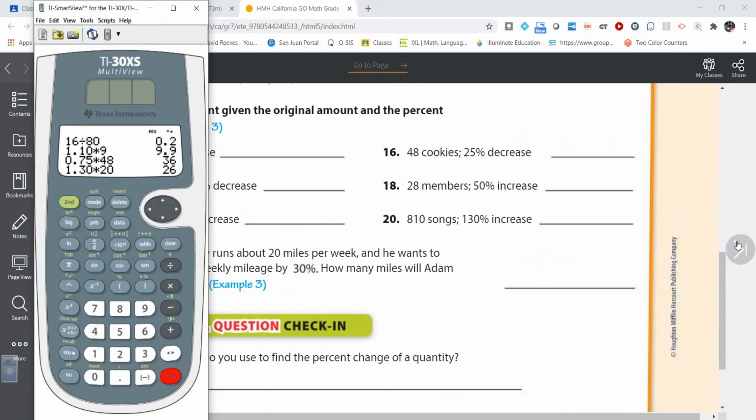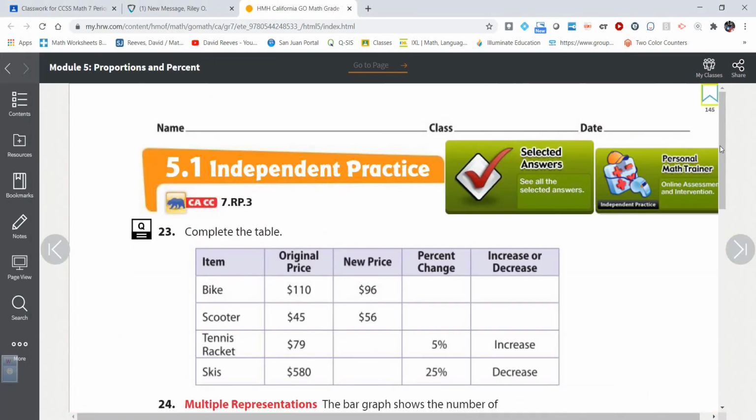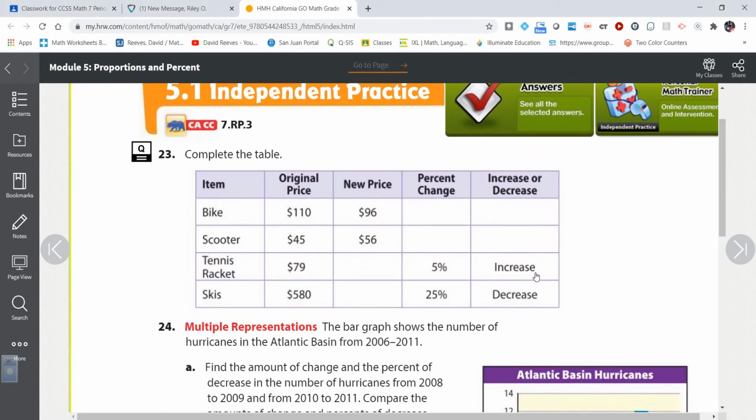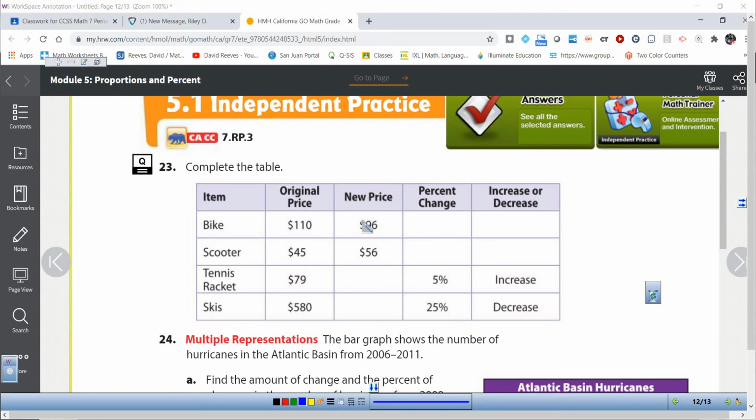Alrighty. Well, let's do a few of the word problems from the assignment, and then we will be done. Actually, I want to look at this table because I know there's one like what is here on the assignment. So increase or decrease. If it went from 110 to 96, did it go up or did it go down?